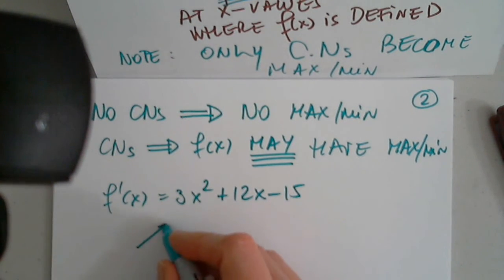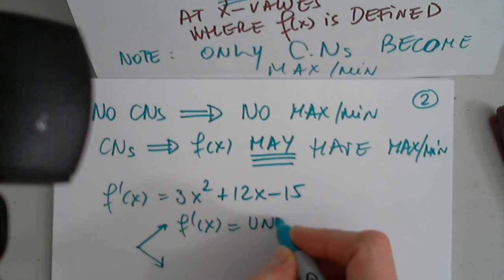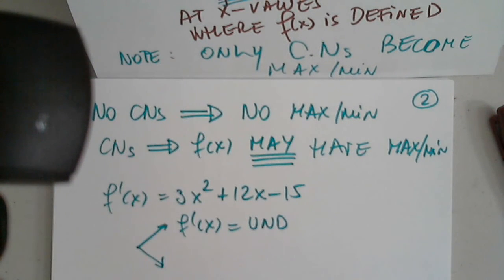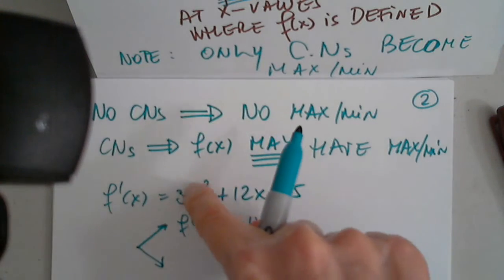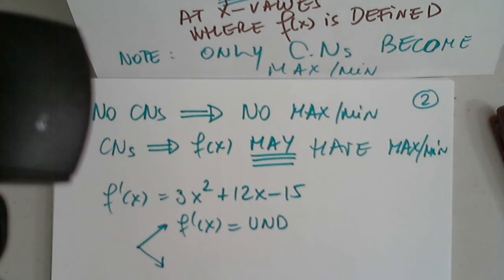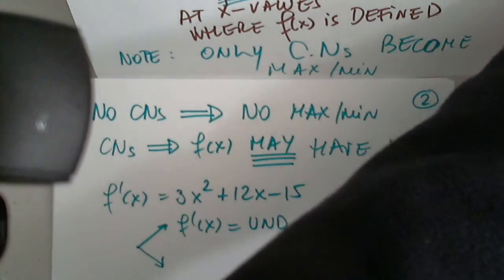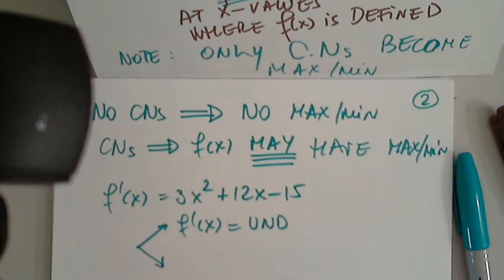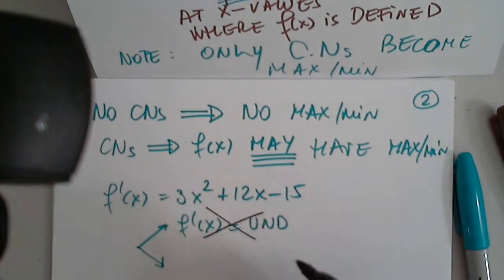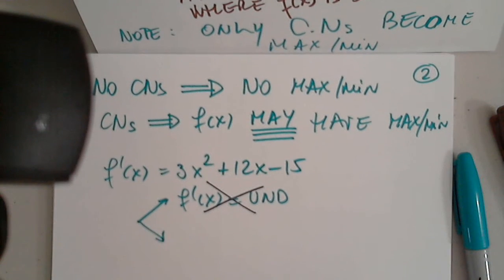And now I'm looking at two possibilities. Either f prime being undefined. Is this possible? Can this function be undefined? No. It's a polynomial function, it is defined everywhere.